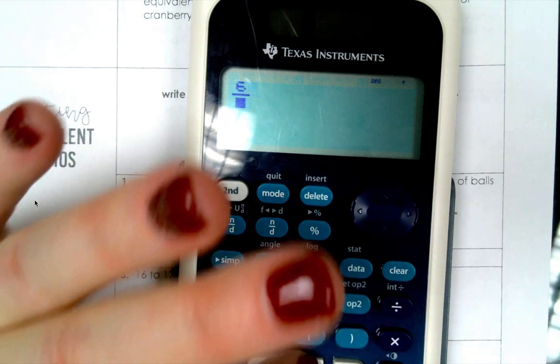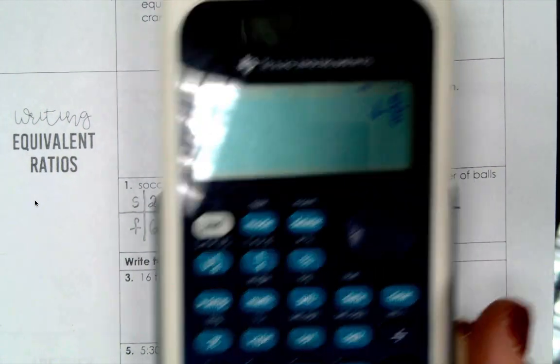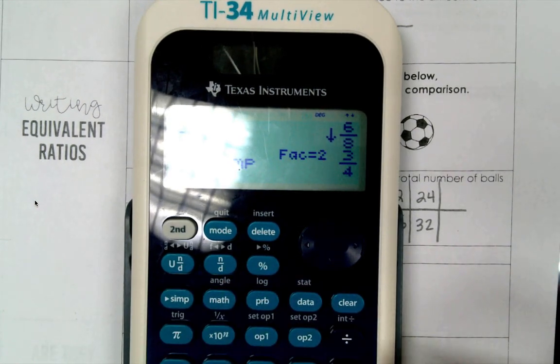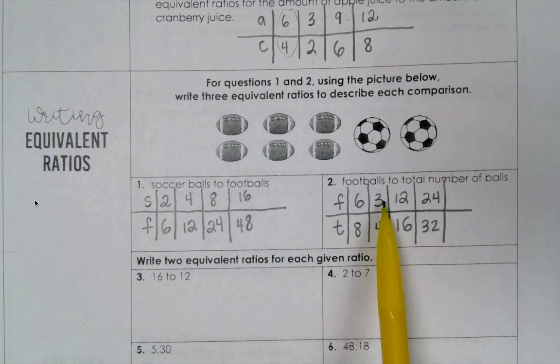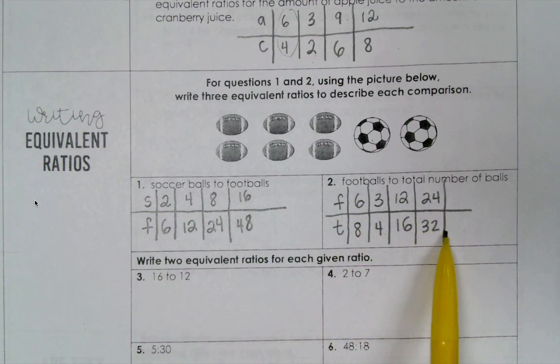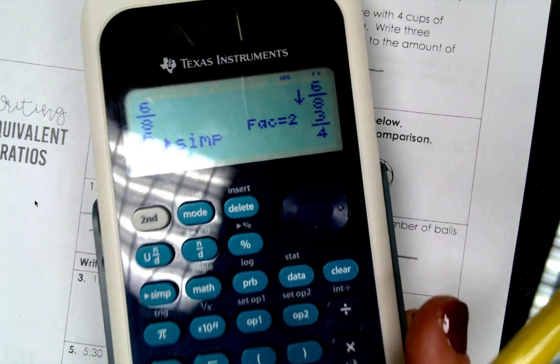I hit enter, and you see my arrows to simplify, and I get 3 to 4. 3 to 4 is my most simplified ratio. So if you were to put each ratio in your calculator and simplify it as a fraction, and you came up with 3 to 4, then you know they are equivalent ratios.